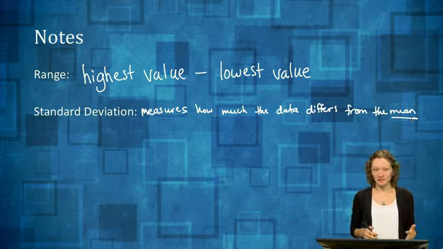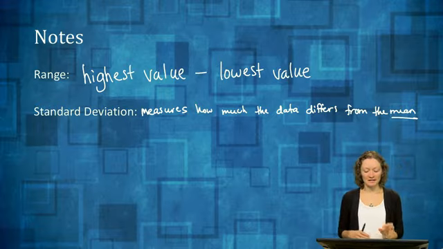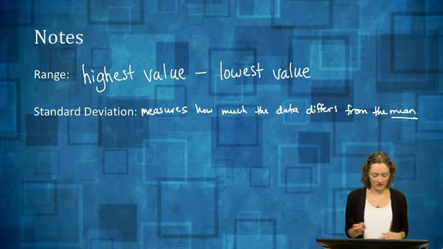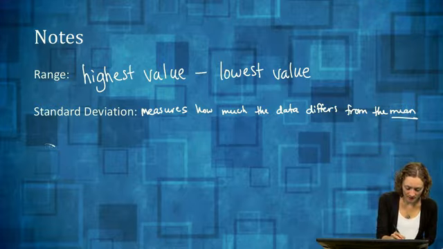Remember, with measures of central tendency, mean is just one of the many that you can use. When it comes to standard deviation, this is specifically using the mean to find out how much variation there is amongst the data. So standard deviation, let's get the formula for it.